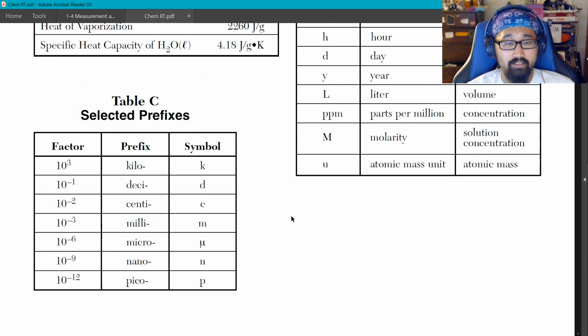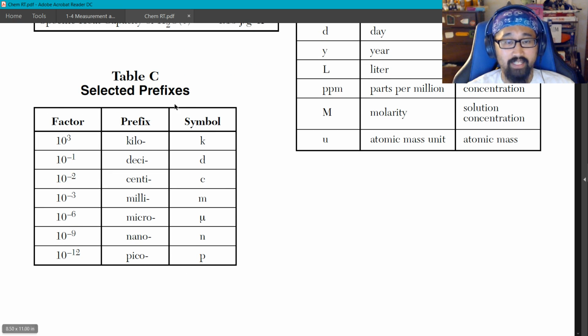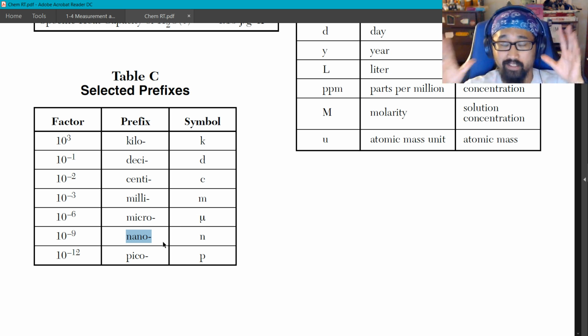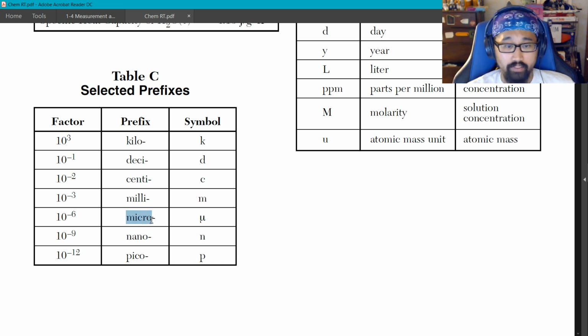If we look at table C, what we see is selected prefixes. Some of them you might recognize. Kilo, you should probably recognize. Centi, like a centimeter, or a milliliter. Perhaps you recognize nano, just because you've heard it in science news, nanotechnology. Micro, like a microscope, right?